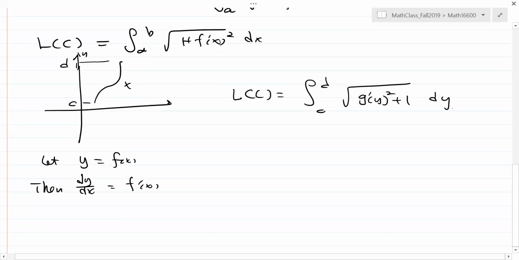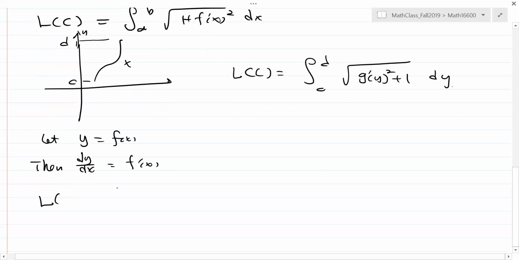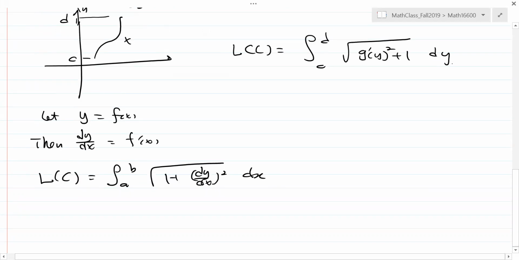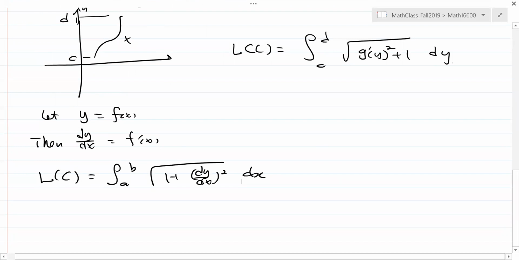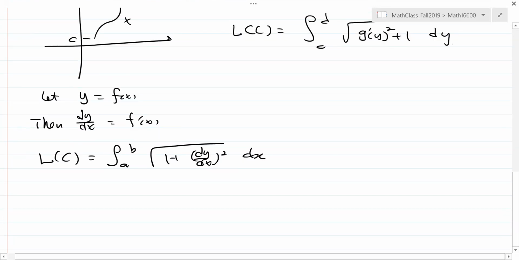So the length of the curve is going to be the integral of the square root of 1 plus dy over dx squared dx. I'm simply writing it this way, not mentioning the specific formula for the function. But formally, I can... So something's wrong with that.